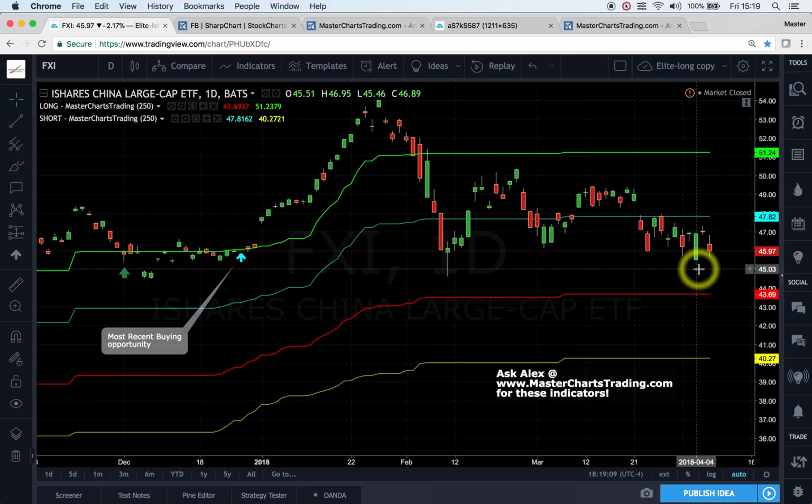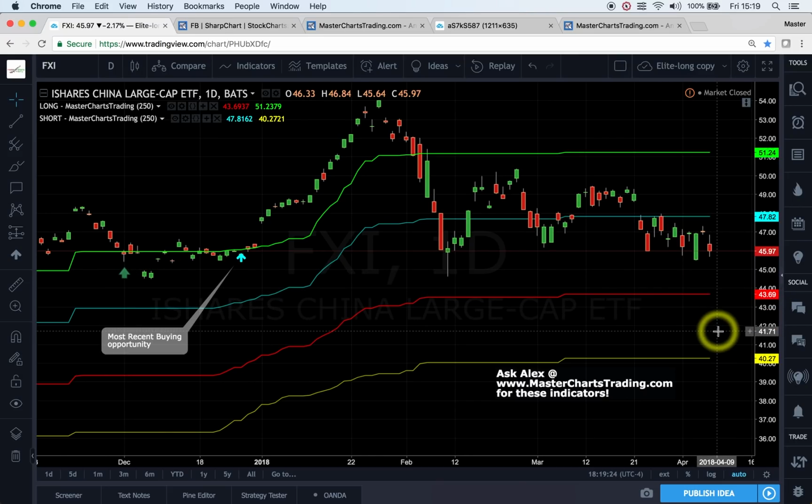So right now I'm seeing selling pressure, but the chart itself is still bullish, and I would continue to look for buying opportunities. If we do sell off to below this red line, that would be a big caution definitely, and especially if we close below this yellow line, which is currently at $40, then I would definitely avoid this ETF.